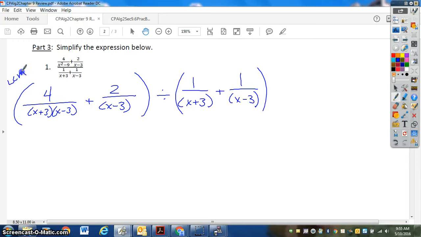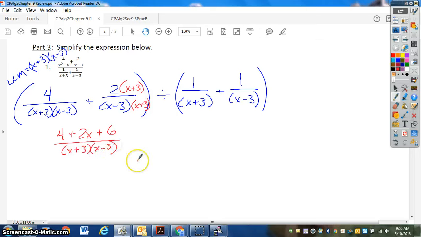My LCM for my numerator is x plus 3, x minus 3. So clearly, this guy here needs an x plus 3. So therefore, I do x plus 3 to top and bottom. My new numerator will be 4 plus 2x plus 6 over x plus 3, x minus 3.